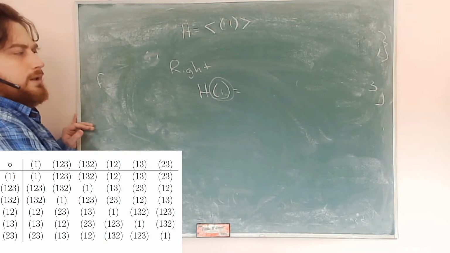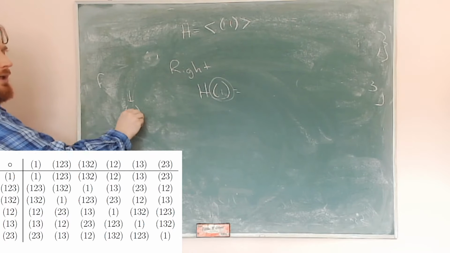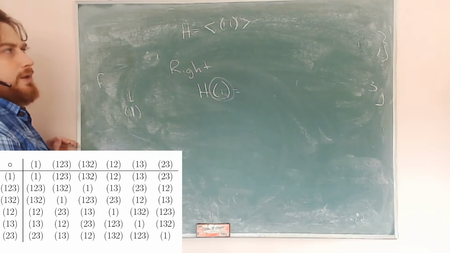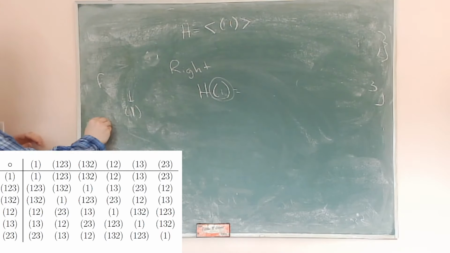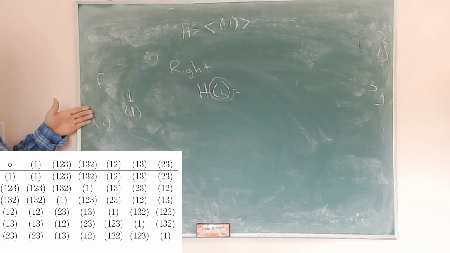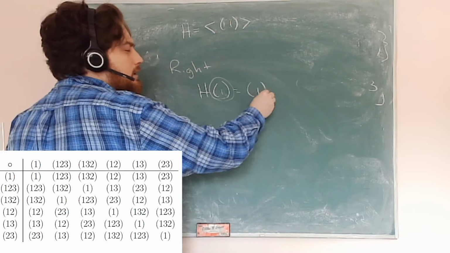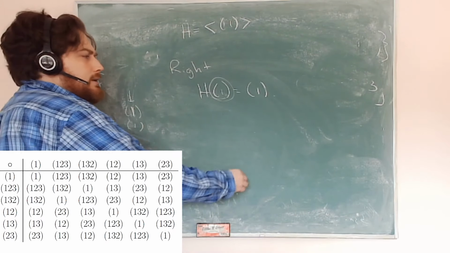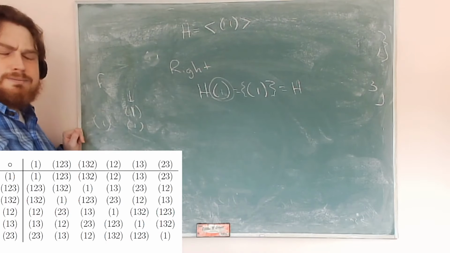So again, if I look at my Cayley table, I want 1 to be in the column, so I'm going to look at the first column where I have a 1. But then I'm going to look at the rows that correspond to every element of H, but the only element of H is 1. So I'm just going to look at what is 1 composed with 1. Well, 1 composed with 1 is 1. So the right coset of H by the identity element is just the identity element as a set, or just H.